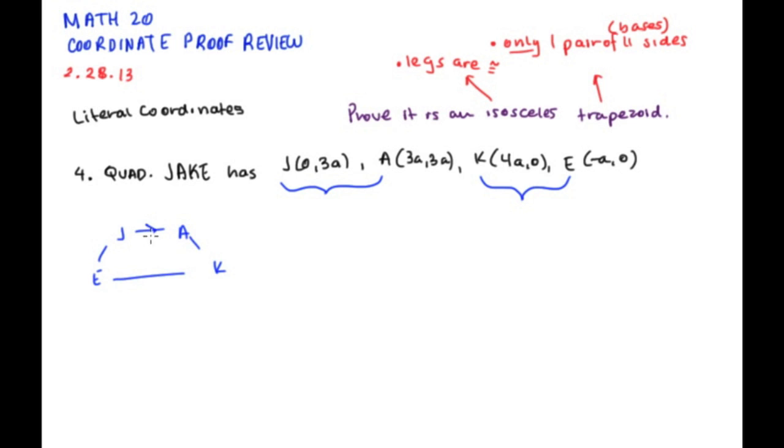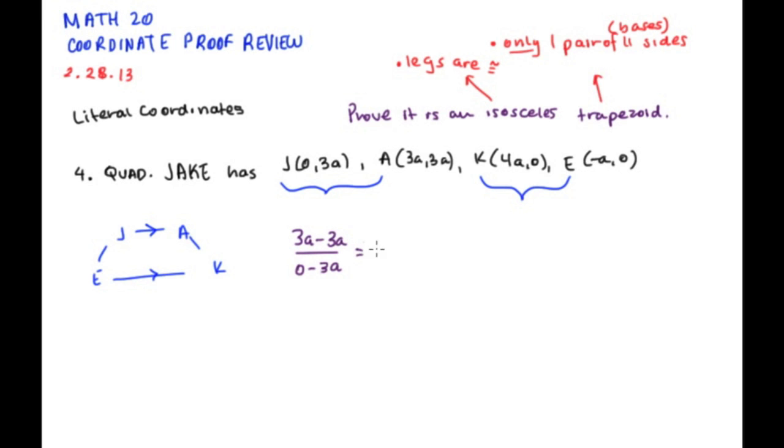So we need to prove that JA is parallel to KE. So let's go ahead and do that. We know that our slope formula is y1 minus y2 over x1 minus x2. So let's find JA first. 3a minus 3a, y1 minus y2 over x1 minus x2.